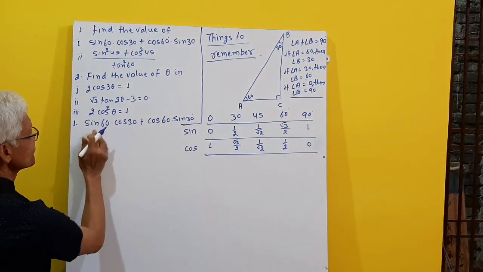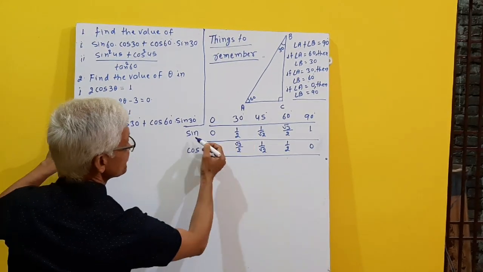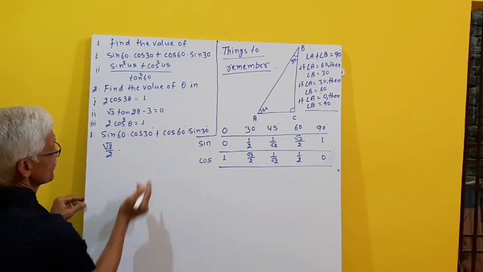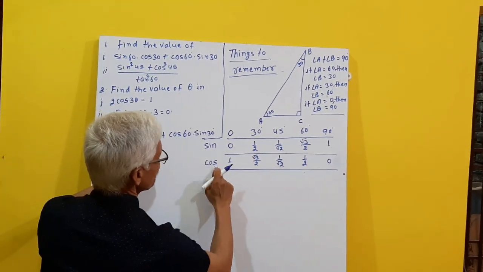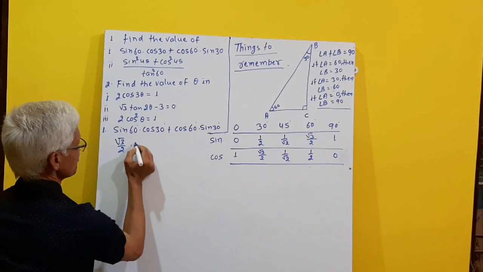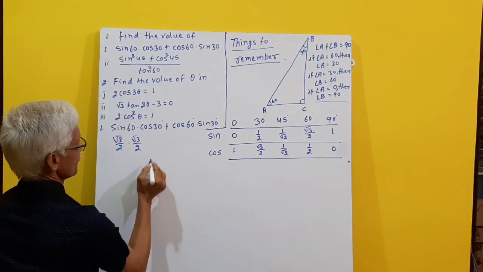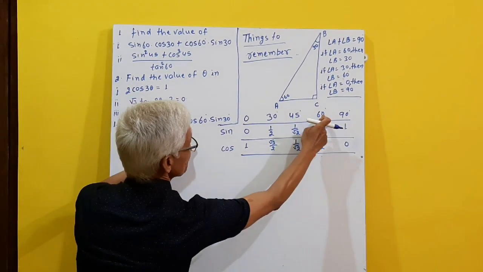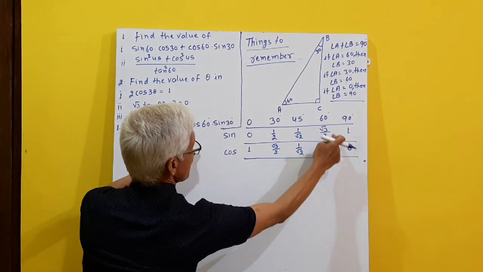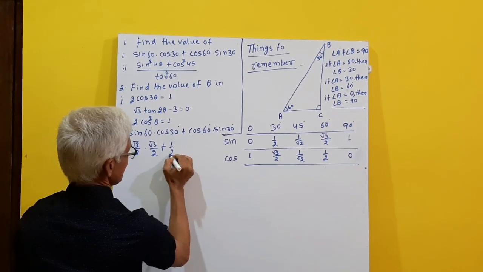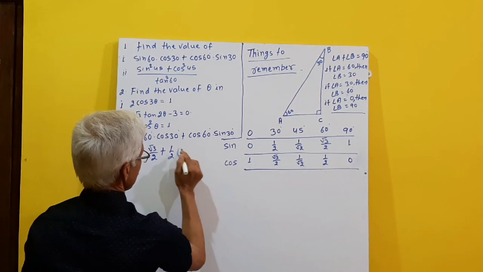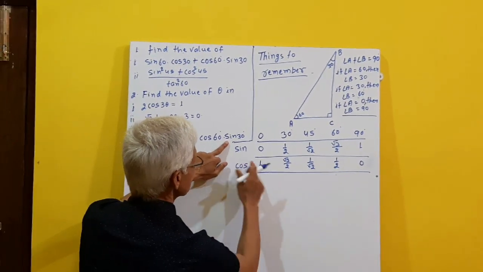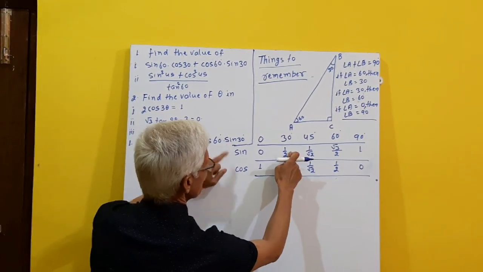Now sin 60 is root 3 upon 2, cos 30 is root 3 upon 2, plus cos 60 is 1 by 2, into sin 30, 1 by 2.